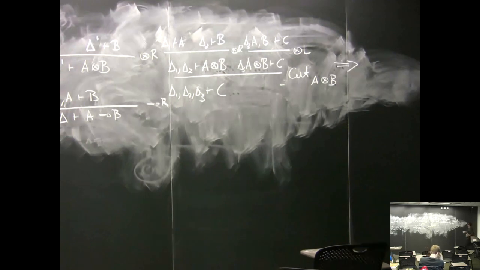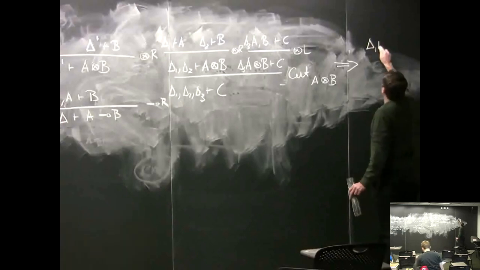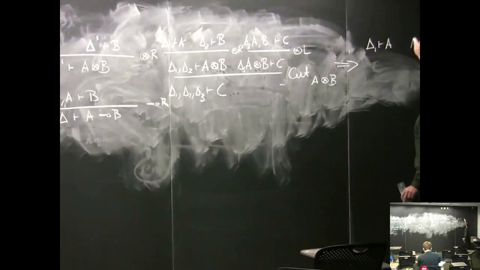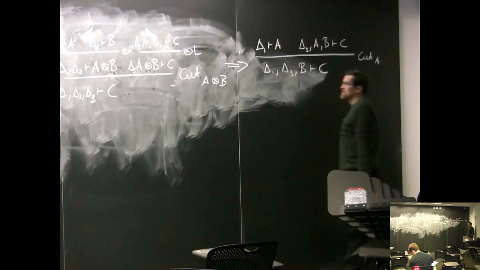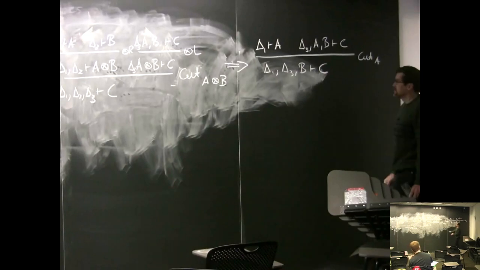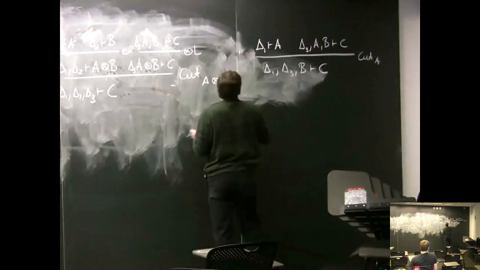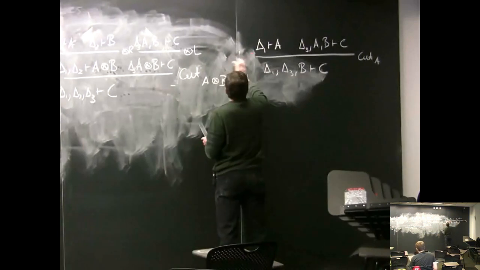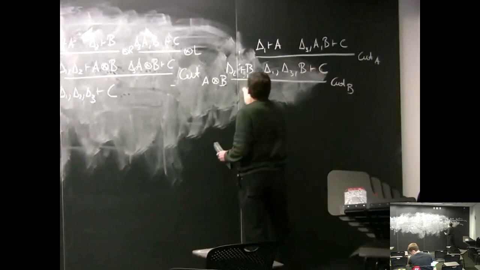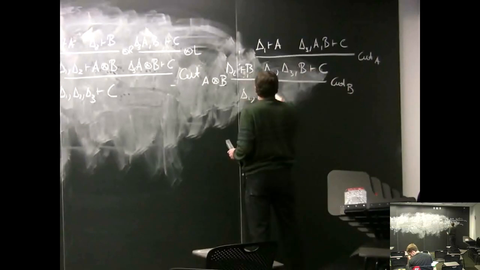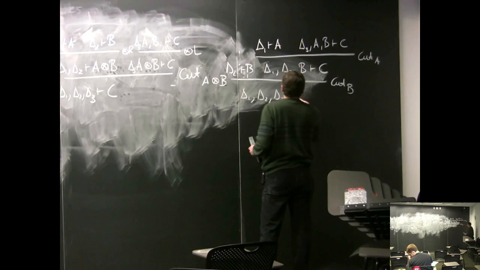Cut at A. So we start with delta 1, which proves A, and delta 3 and A and B proves C. So that's a cut at A, and that gives us delta 1, delta 3, and B proves C. Then do a cut at B. So we have B over here, so we can take delta 2 and B and do a cut at B. And then we get delta 1, delta 2, delta 3 proves C. And that's what we needed.